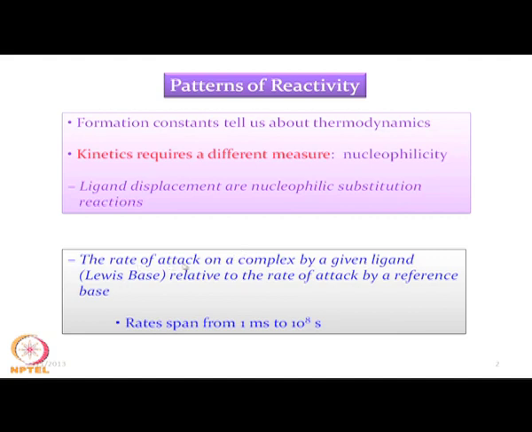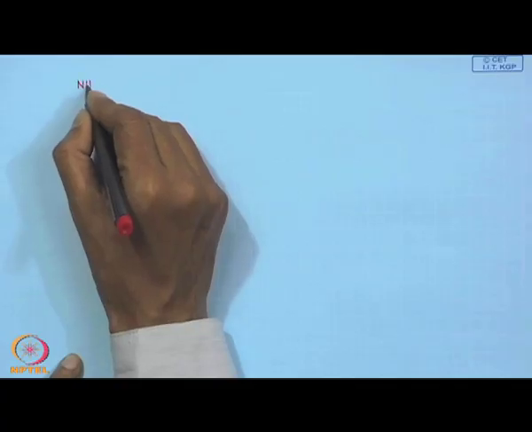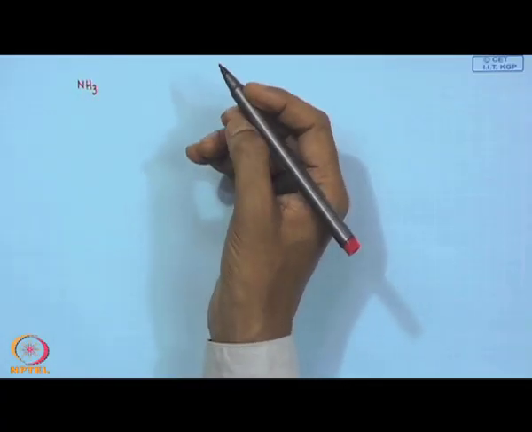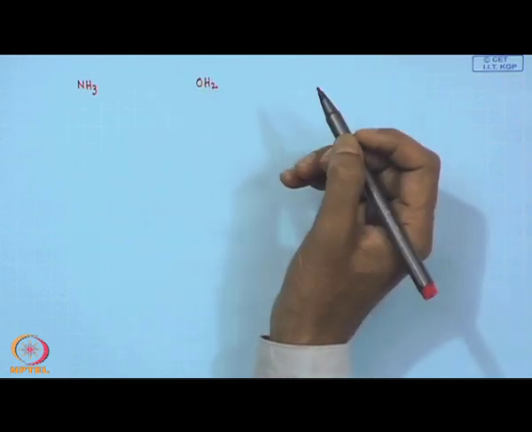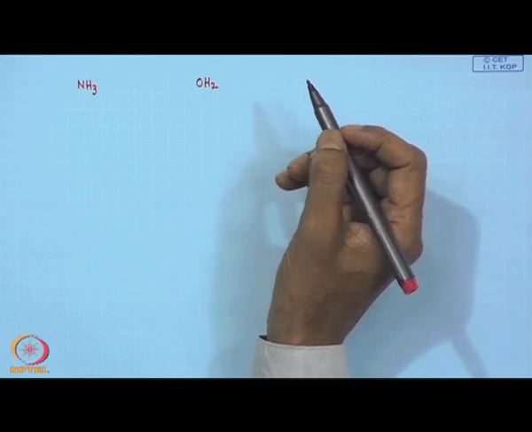So, we have the rate of attack on a complex by a given ligand, that means the Lewis base attacking the metal center, relative to the rate of attack by a reference base. If we simply consider a substitution reaction where the given ligand is, say, ammonia, which is a Lewis base, and the reference ligand, which is also a reference base, is the water molecule.